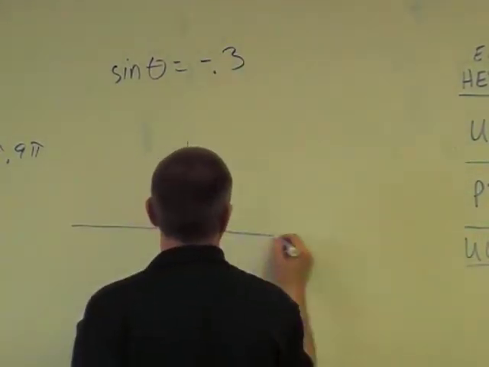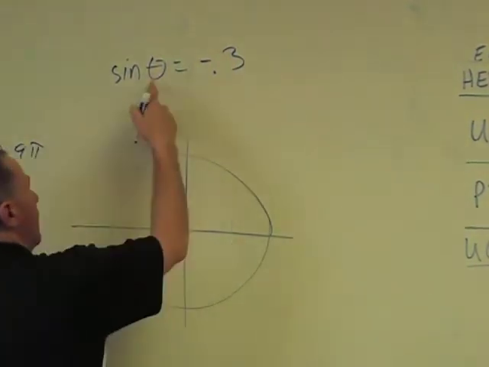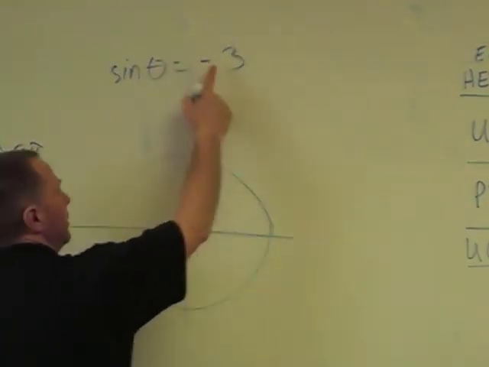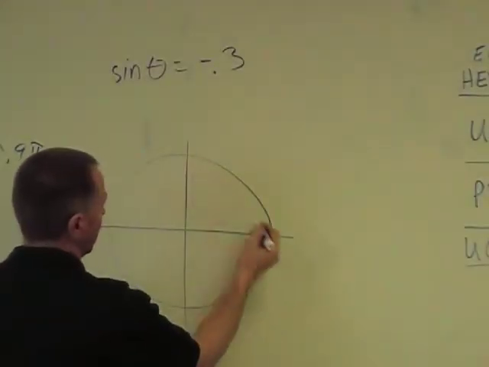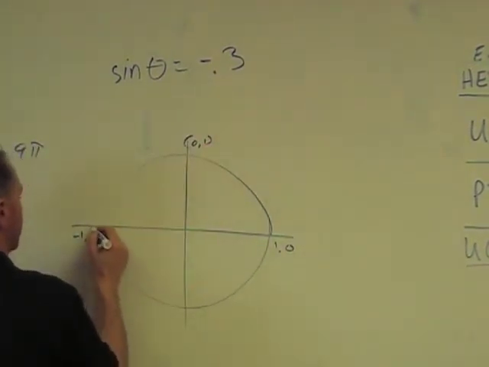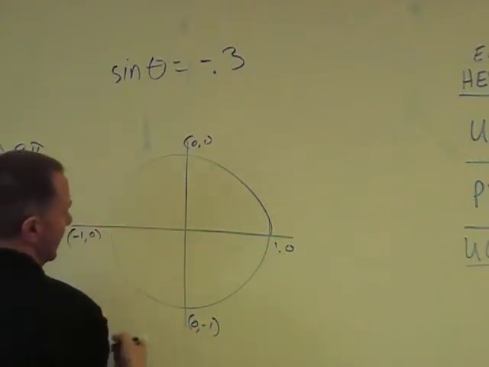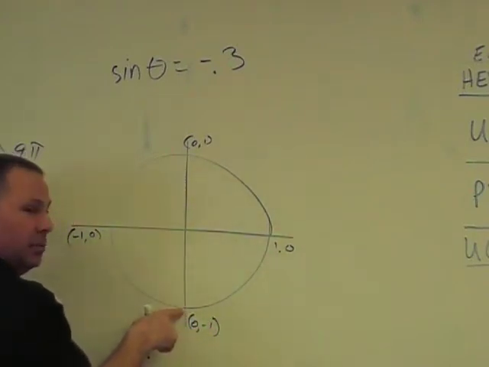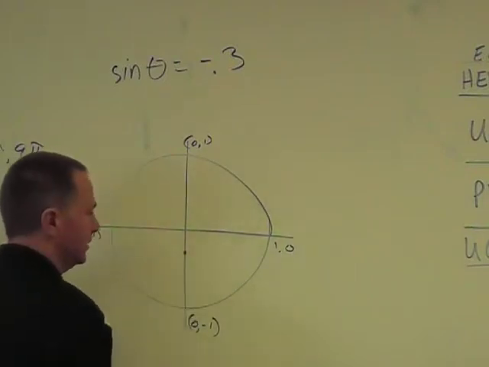So this is what we're talking about. Here's your unit circle. And where is y = -0.3? Okay, on a unit circle, it's a unit circle because this is 1, right? Alright, well, if y is negative 0.3 and this is negative 1, negative 0.3 is about right here.